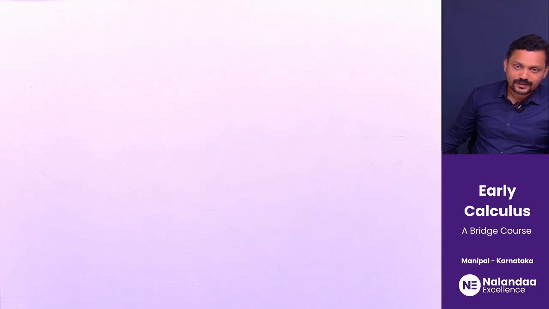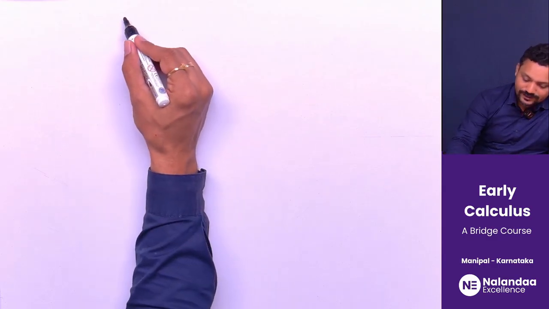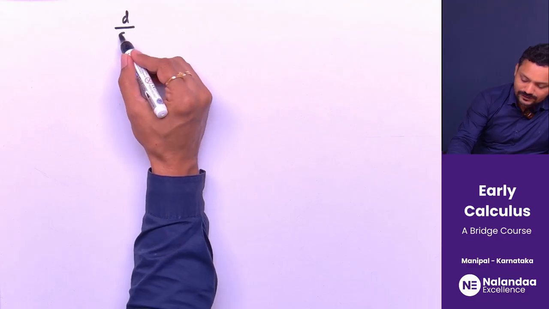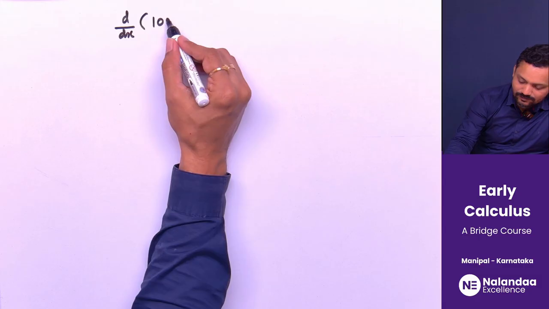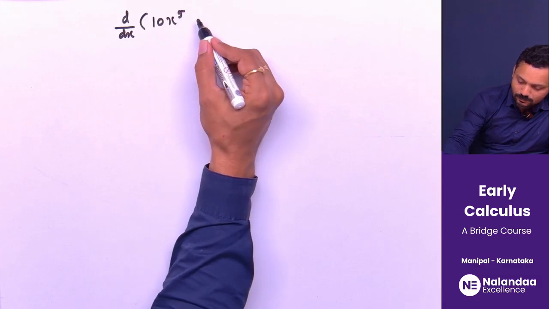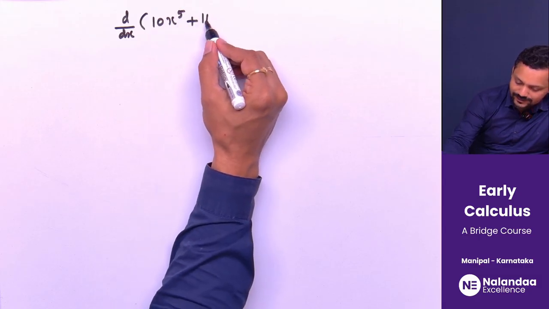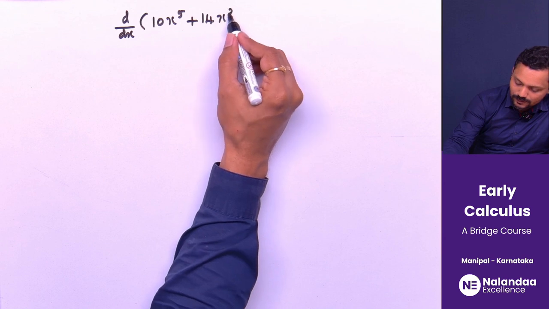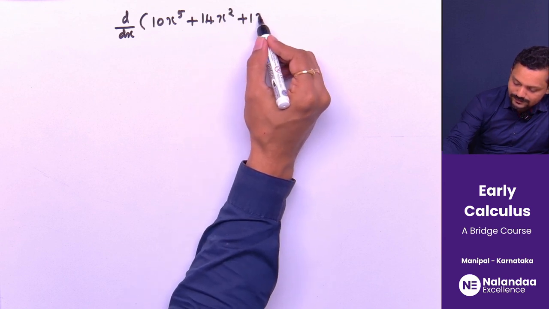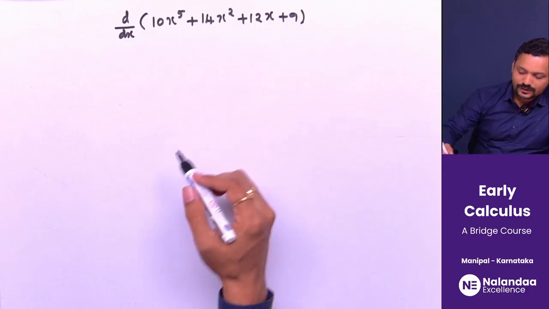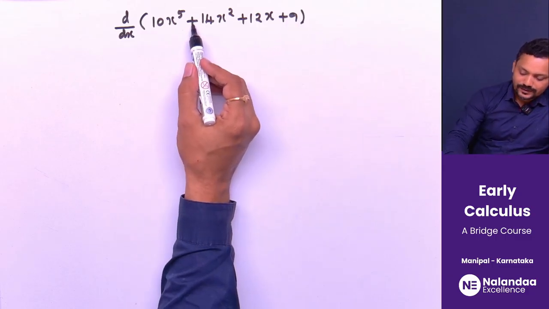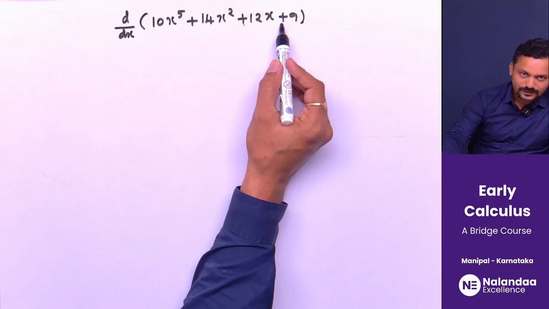Now let us take another example for more clear understanding. Let us say we want to differentiate d by dx of 10x power 5 plus 14x square plus 12x plus 9. Now we can see there is a plus sign between the terms.